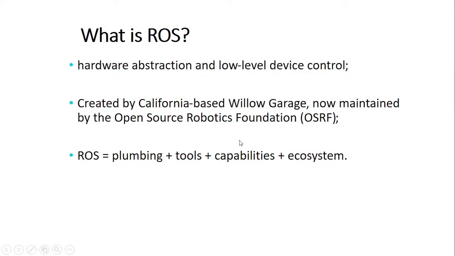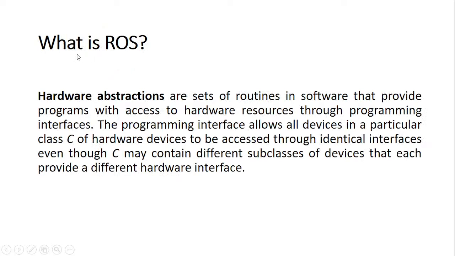We'll discuss all these. So what is hardware abstraction? Hardware abstraction is a set of routines in software that provide programs with access to hardware resources through programming interfaces. The programming interface allows all devices in a particular class C of hardware devices to be accessed through identical interfaces, even though C may contain different subclasses of devices that provide different hardware interfaces.